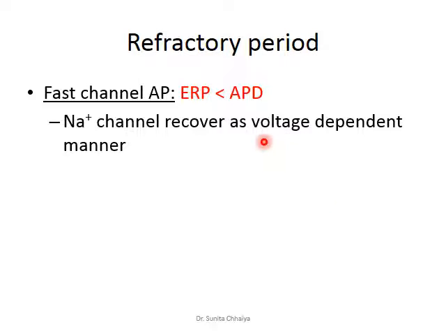The reason is that the fast sodium channels are mainly responsible for generating a fast response, and as they generate a rapid depolarization, in the same way they also repolarize very rapidly. The sodium channels recover in a voltage dependent manner, so they repolarize rapidly, and their effective refractory period is shorter than the action potential duration.